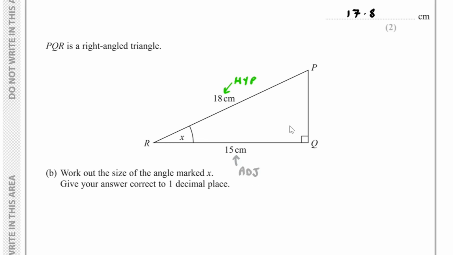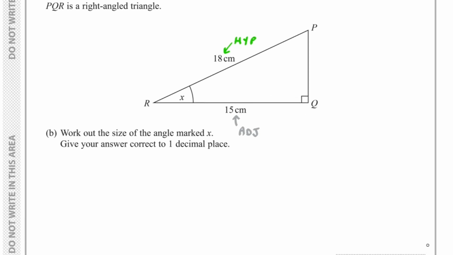What connects the hypotenuse and the adjacent is cosine. So I've got cosine x equals adjacent, which is 15, divided by the hypotenuse, which is 18.